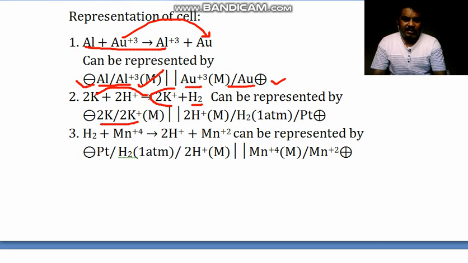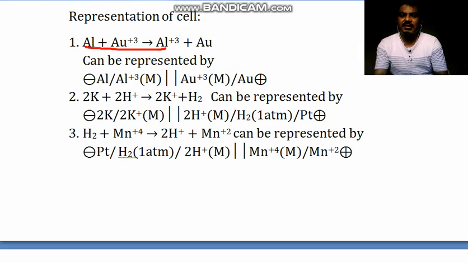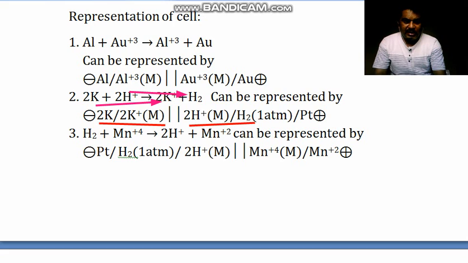And the hydrogen ion is converted into hydrogen gas, and that is written in this pattern: K | K plus, 2H plus | H2.